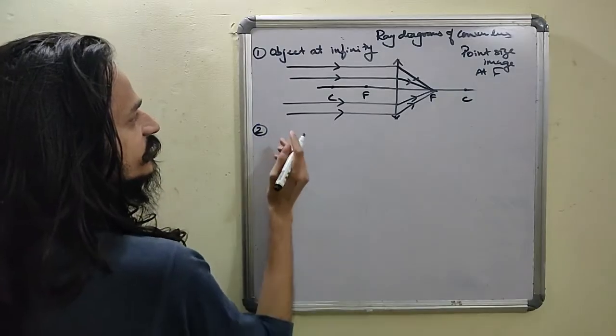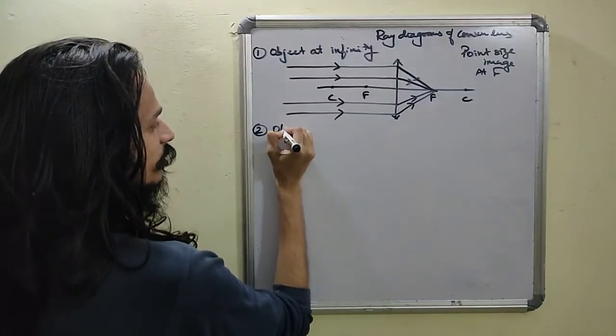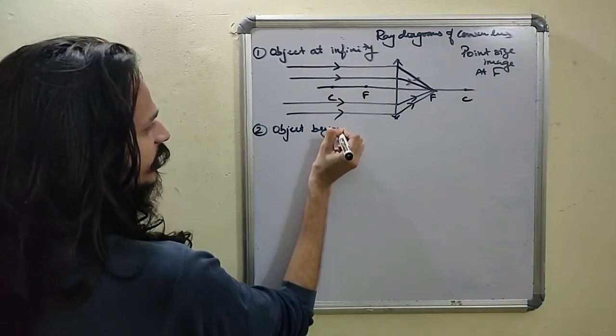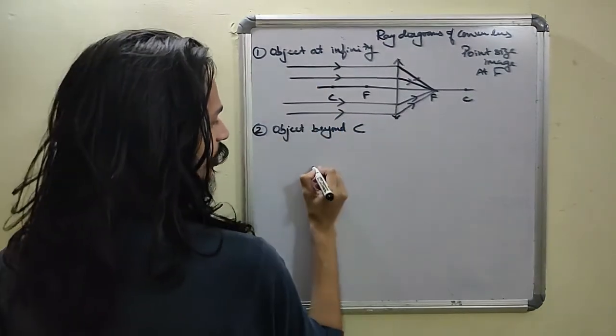For the second case, I'll bring the object closer to the lens. So I'll say object beyond C, or behind C, means the same thing, which means a little behind this.